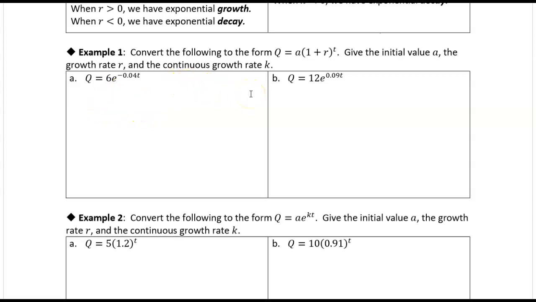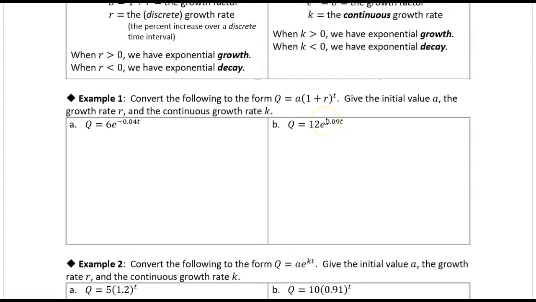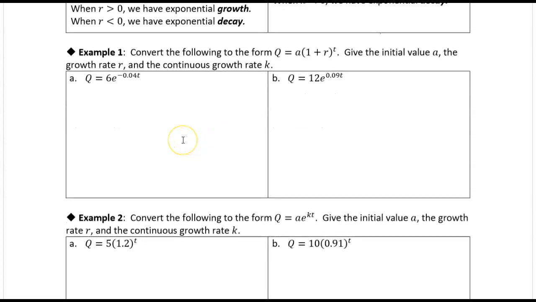Unless a problem specifically uses the words continuous growth rate, assume it's r instead of k. I would prefer that they use some way to distinguish between r and k rather than growth rate and continuous growth rate, but that's just in your book. If they don't say continuous growth rate, assume it's just r, the growth rate.